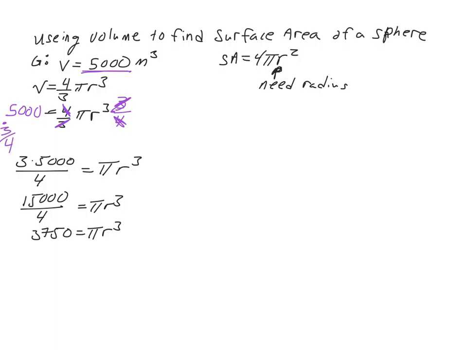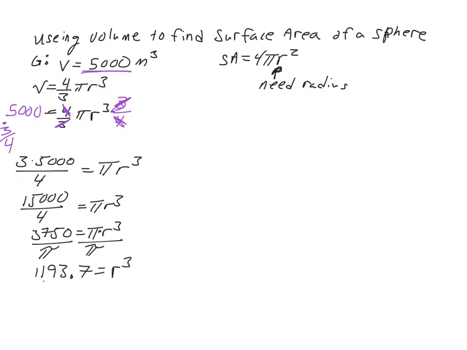Okay? And now I need to get that radius all by itself, so this is being multiplied by pi. So I'm going to divide by pi. So 3,750 divided by, I'm just going to use the pi button. And that gives me 1,193, I'm going to round it to 0.7, is equal to r cubed.